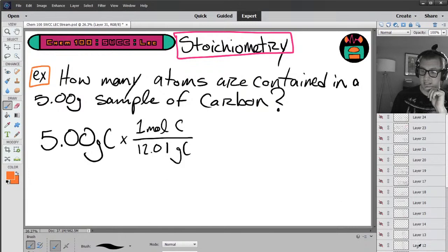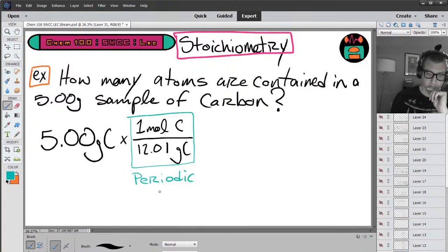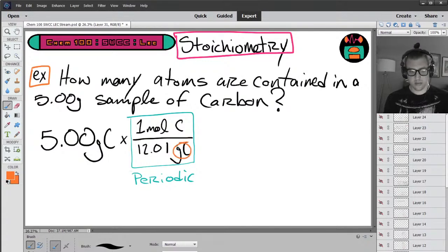So this part right here comes from the periodic table. You look that up. Next, so you'll notice grams of carbon cancel grams of carbon.